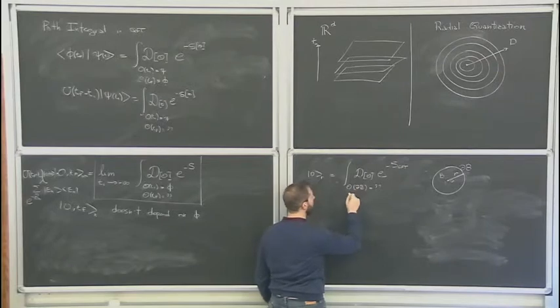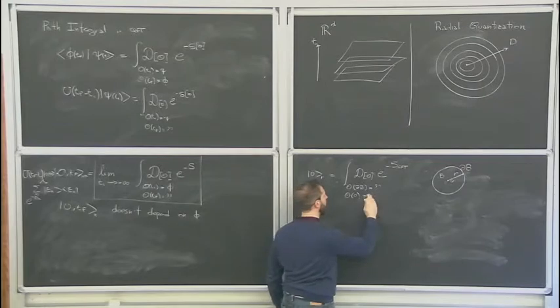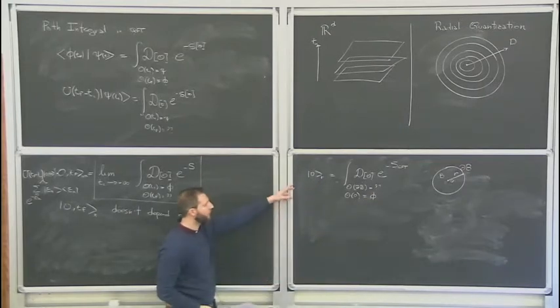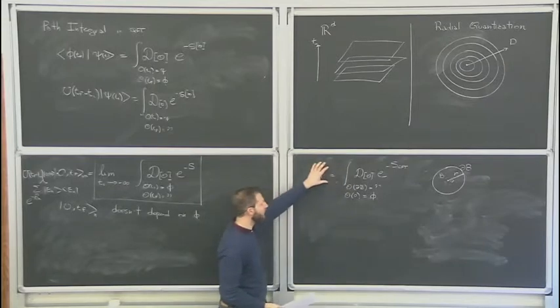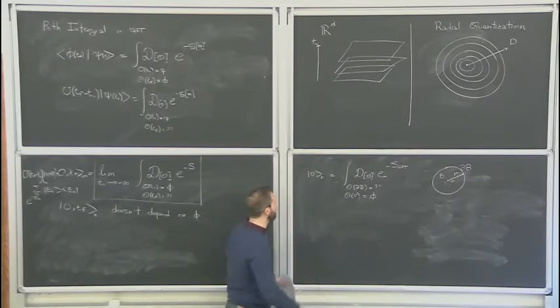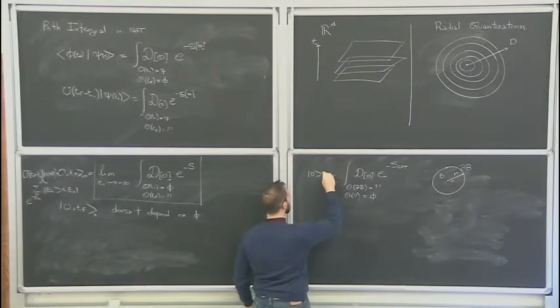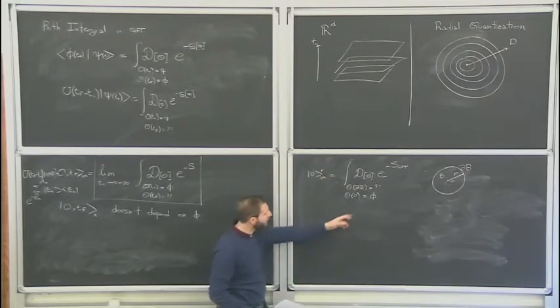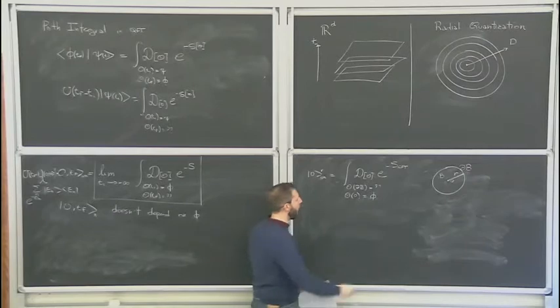So generically, you could set any initial condition for your fields, since it won't matter once you define the normalized state, the normalized vacuum. Okay, so this is unnormalized. And in the normalized vacuum, this initial condition will not matter. So I will not even write it anymore.